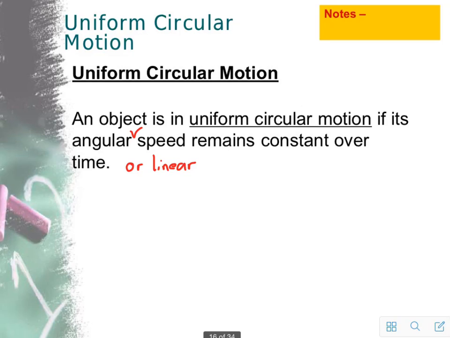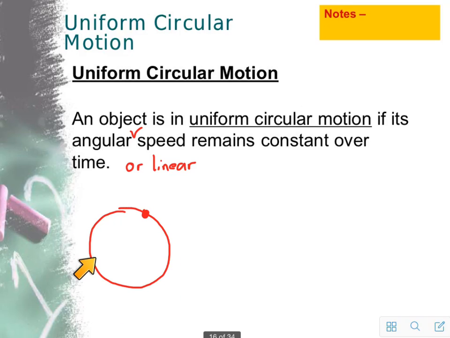If we have an object traveling around a circle, that's a bad looking circle, we would want this object to go at a constant rate. We don't want it to speed up or slow down.